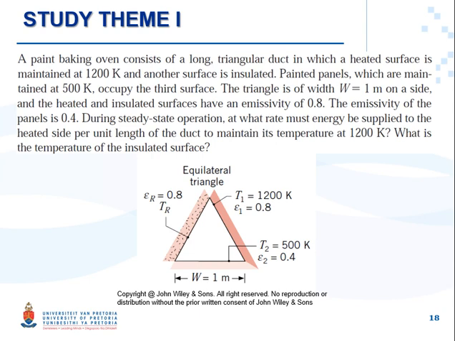We have the emissivity as well. So the question is asking what is the temperature of the insulated surface. Okay, so what do you think? What should be our first approach? What are we supposed to do? Do you have any idea of what we are going to do?